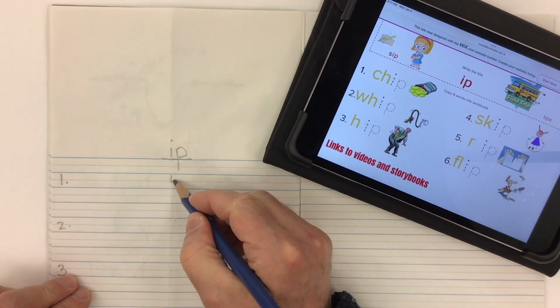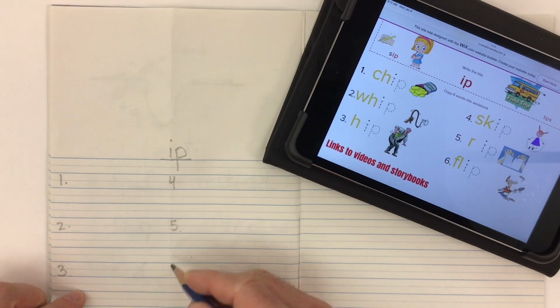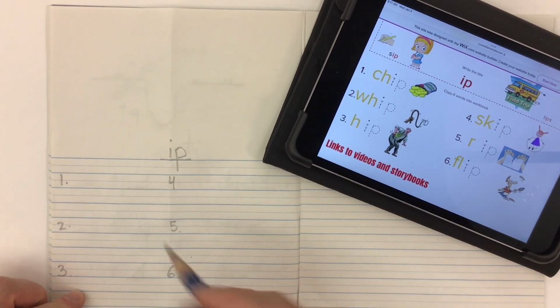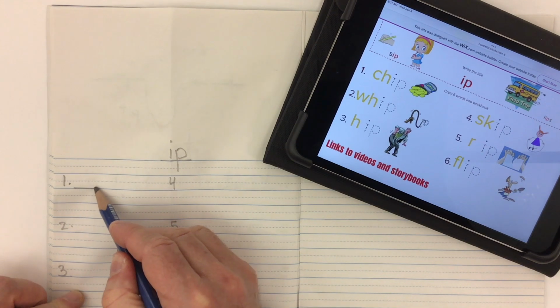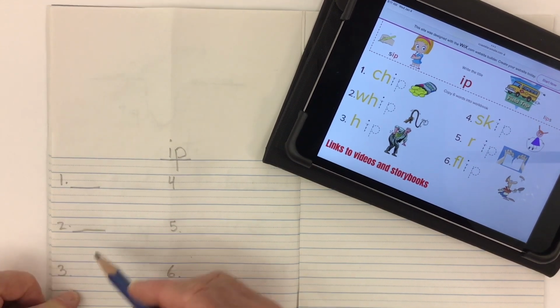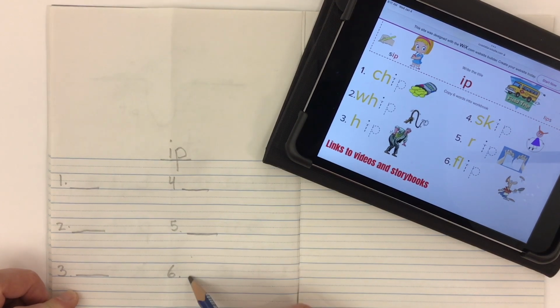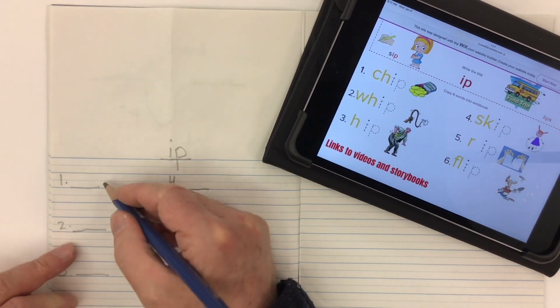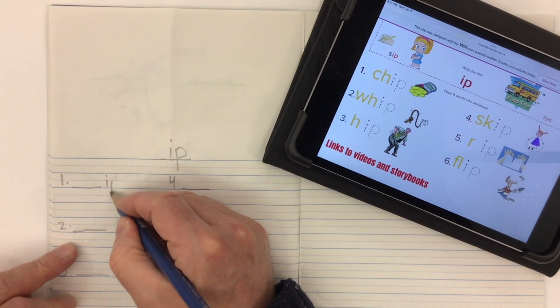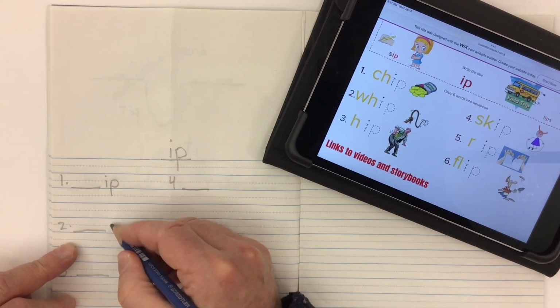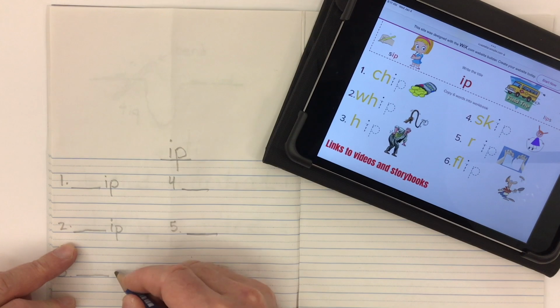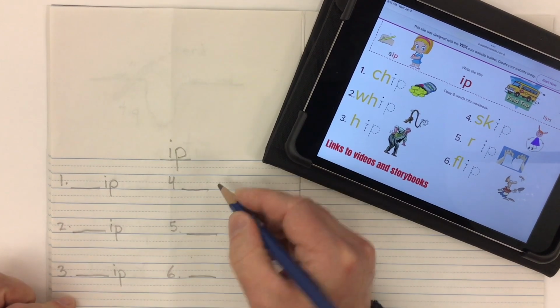That's the middle of my page. 4, 5, and 6. And I don't know what my first letters are going to be in these words yet, so let's just put the line for those mystery letters. I do, however, know that every single one of my words is going to end with the word family ip. So we can write that I and that letter P after each line for all 6 words.